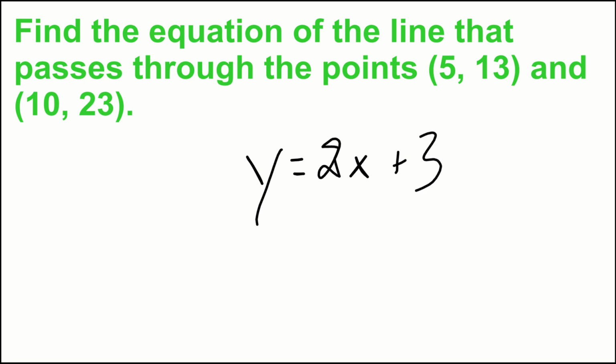Y equals 2x plus 3. Y'all that got 3, that means you worked it out correctly. You got 2 as your slope. We just got to put it together the right way.